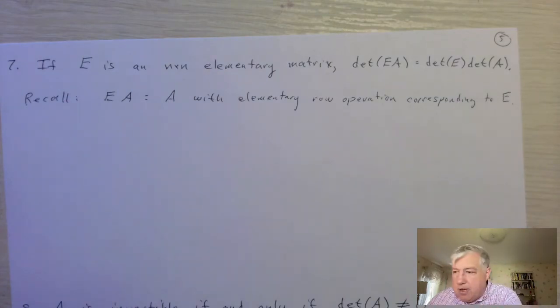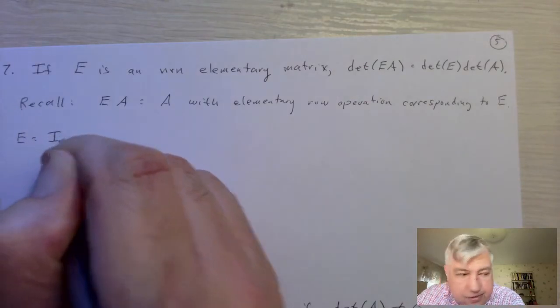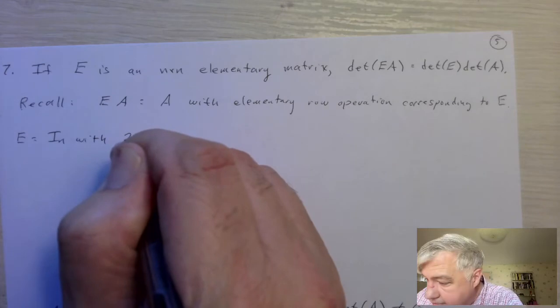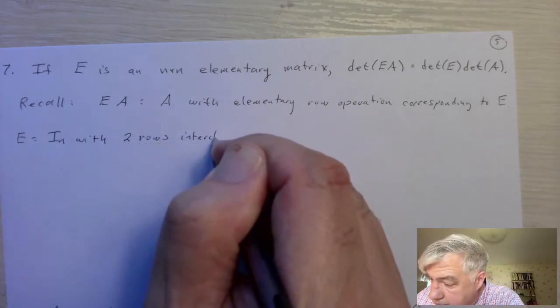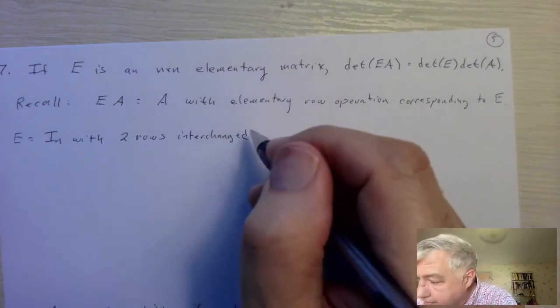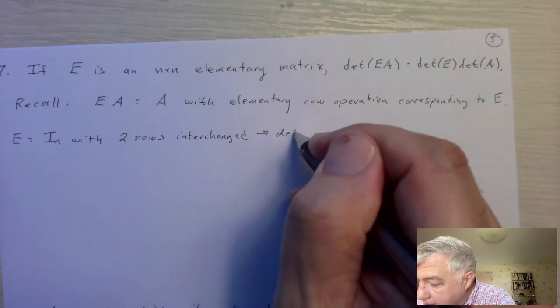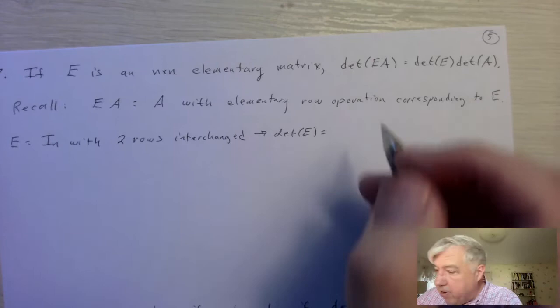So in the first case, if E is the identity matrix with two rows interchanged, then the determinant of E is -1.